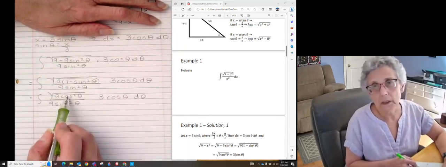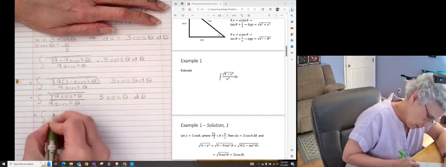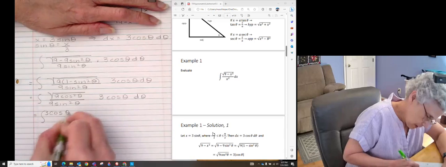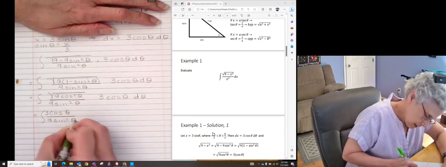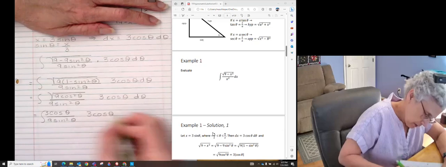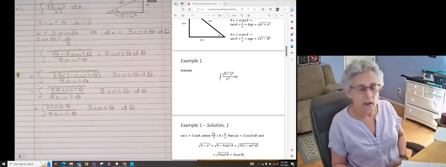Well, square root of 9 is 3, and square root of cosine squared is cosine, so this is really 3 cosine theta over 9 sine squared theta times 3 cosine theta d theta.